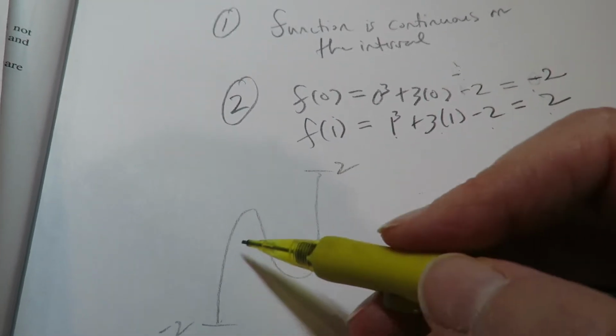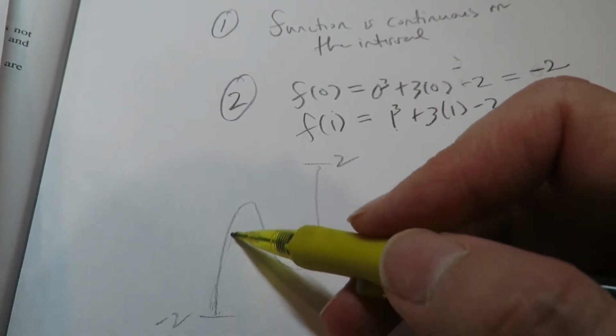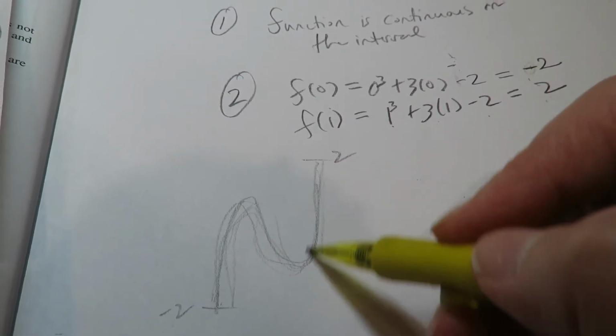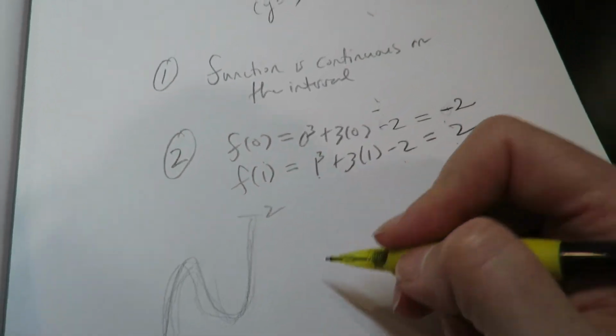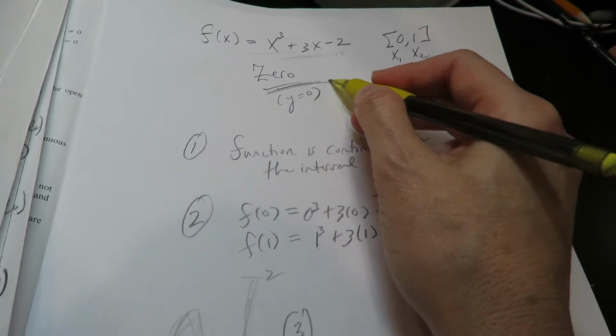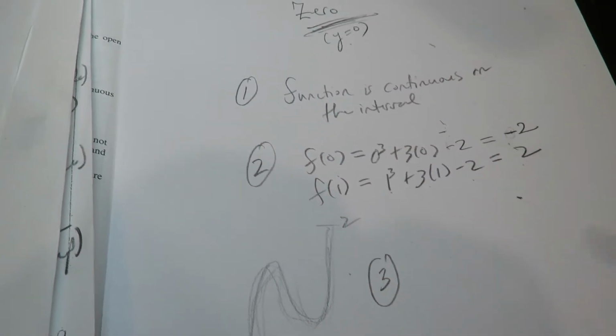So since this is a continuous function on this interval, I know that I must have all the values. I might even have some repeating, but I must have all the heights between -2 and 2. So that's the third part that we want to say. Because I'm looking for a 0, would we say that we have a 0 in between -2 and 2? We would.